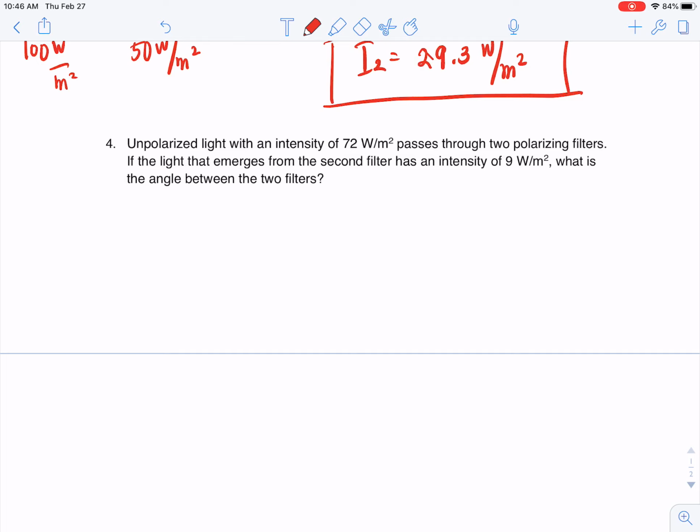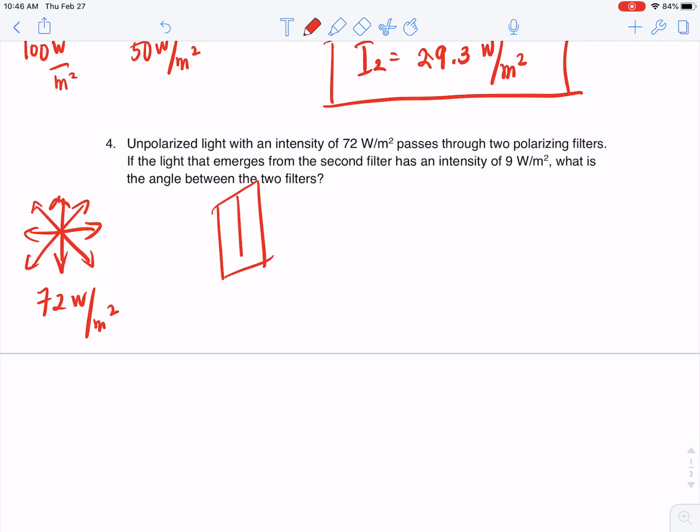Here we have unpolarized light, which is 72 watt per square meter. Then we have this polarizer that filtered the intensity. This is going to be I1, and you know that I1 is equal to 1/2 I sub 0.